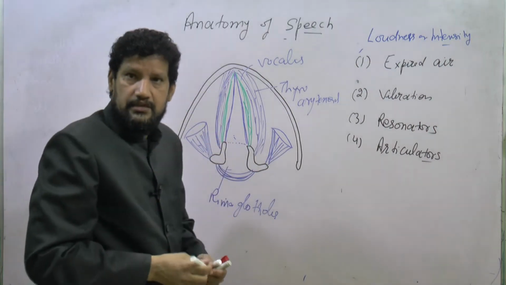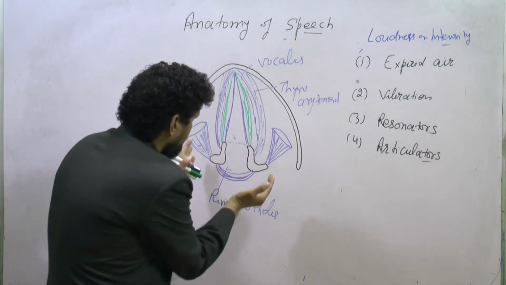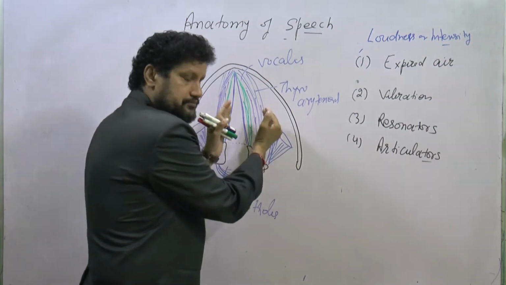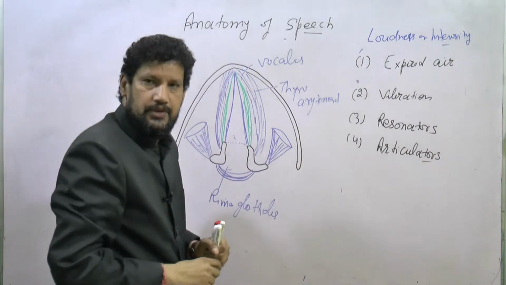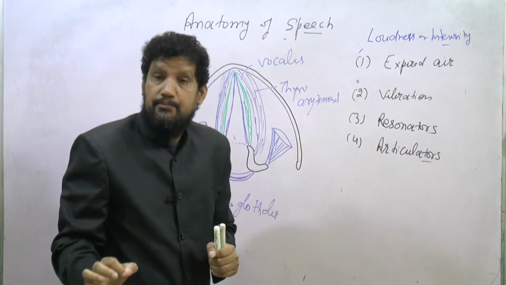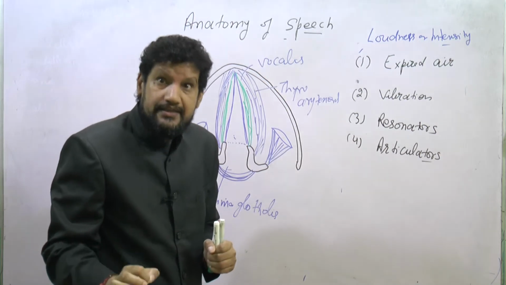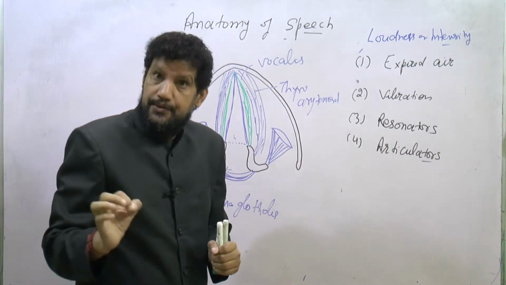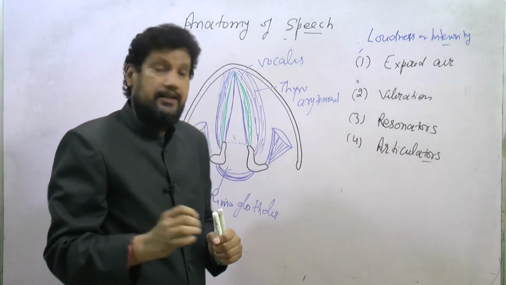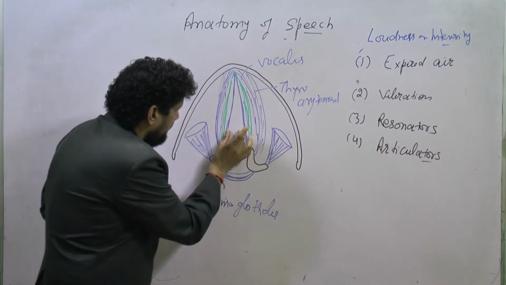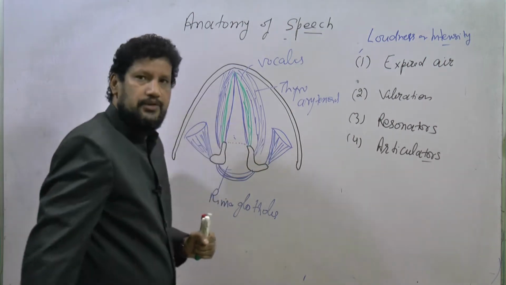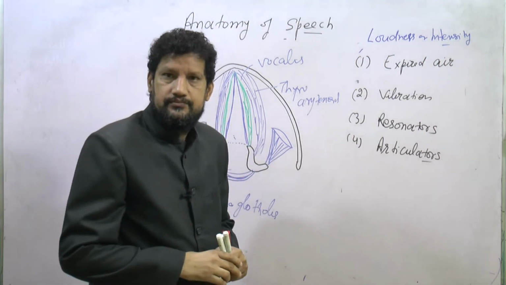When this muscle contracts in this manner, the vocal processes come medially towards each other. Due to the medial movement of the vocal processes, the vocal folds come into close relationship to each other.